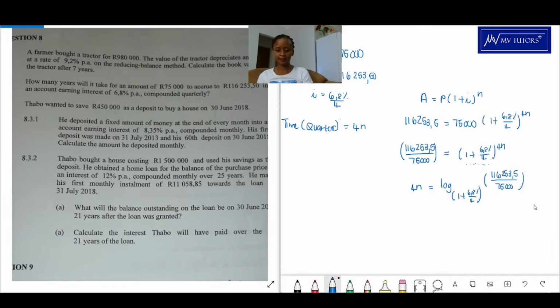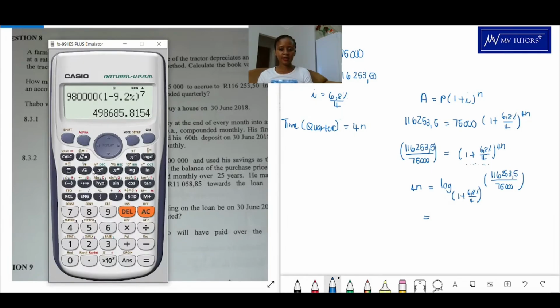So for the number of quarters, let's just take out the calculator. We have log, let me use the other one. Yes, this one, log. So in brackets there, we have 1 plus. I use all the values because I don't want to use rounded off numbers. So it's going to be long.